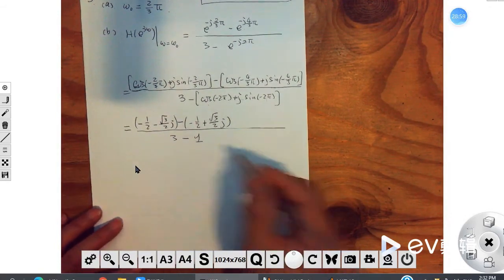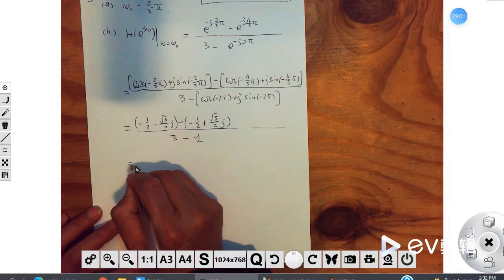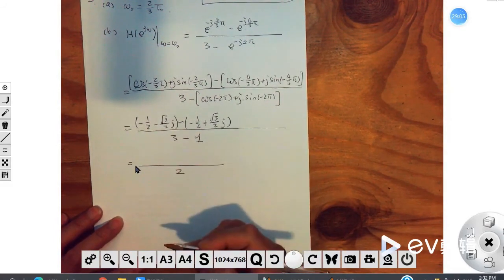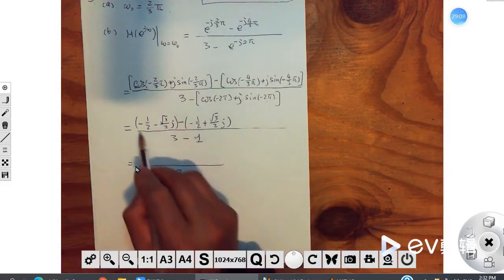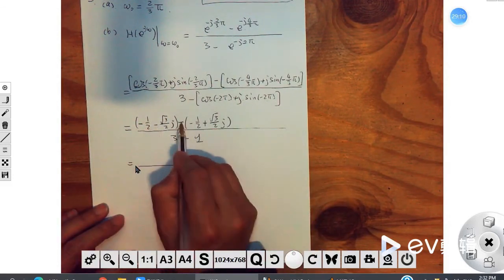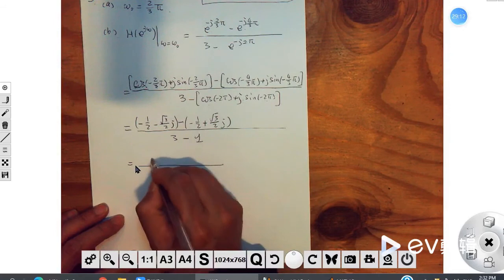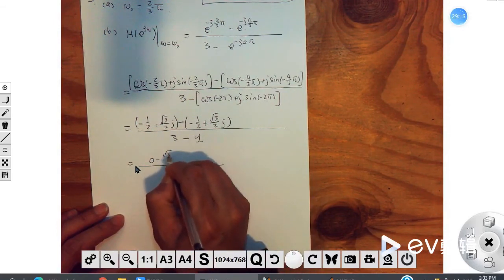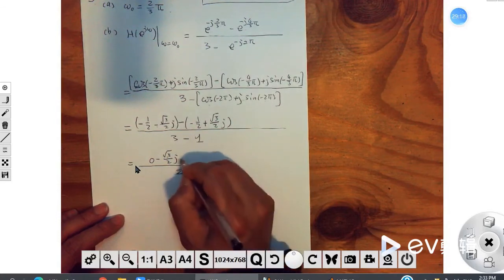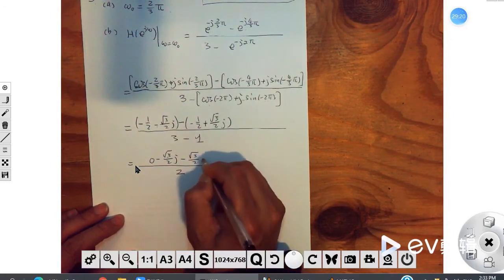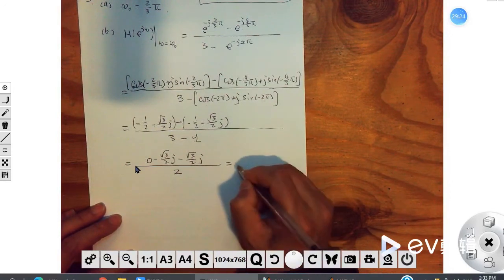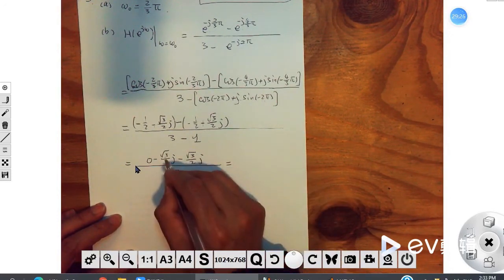Then we can simplify more. Denominator, it is just 2. And the numerator, we have negative 1/2 minus negative 1/2, I get 0. And this j minus this j, that's 2 of this.